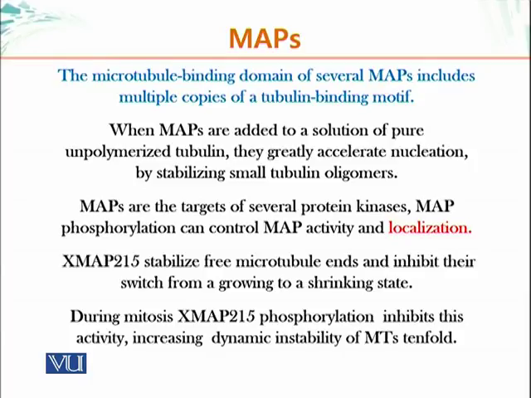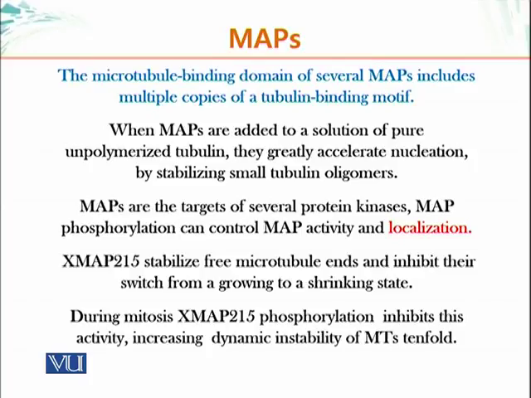XMAP215 phosphorylation inhibits its activity because, as you know, during mitosis, cells get rid of the microtubule array of the interphase. Microtubules depolymerize, centrosomes duplicate and move to the opposite poles, and then microtubules again start coming off the centrosome through the ring complex made by gamma tubulin.